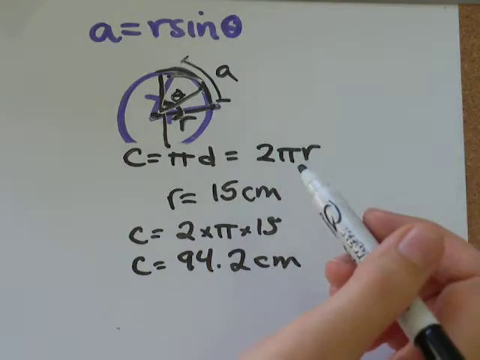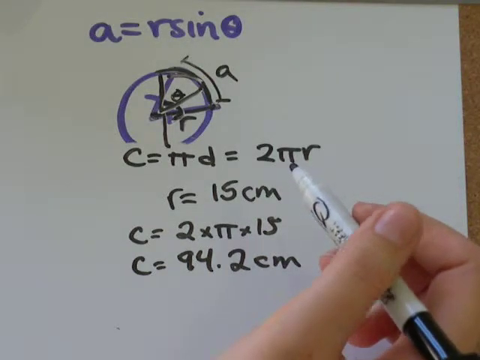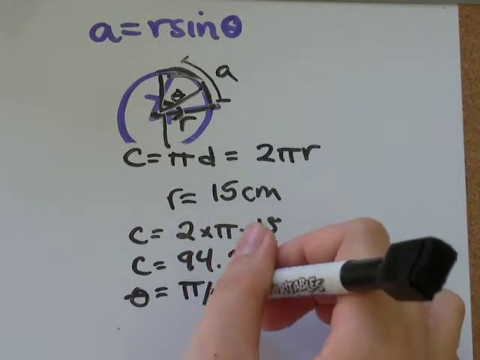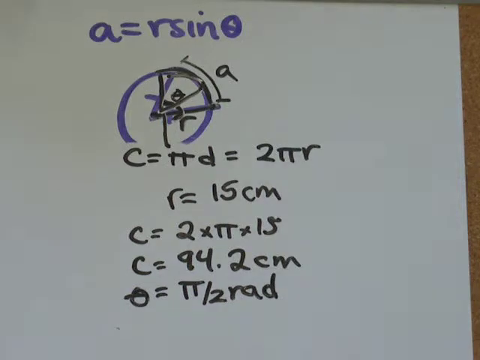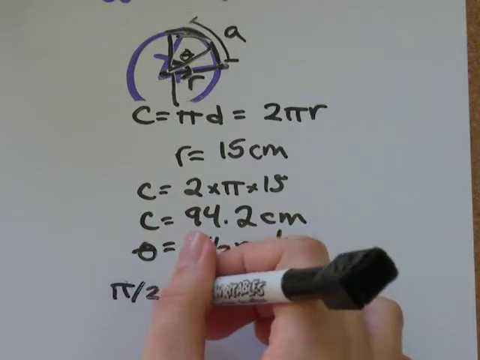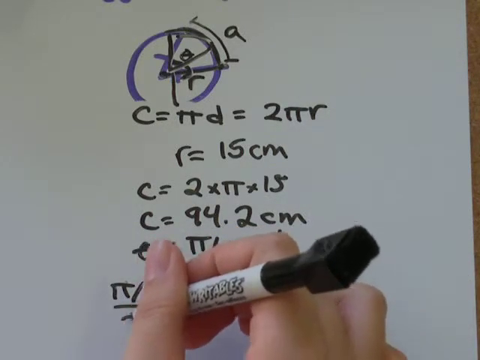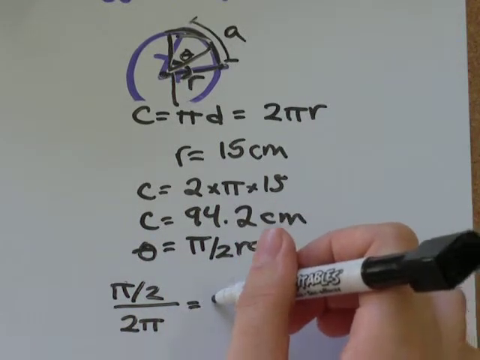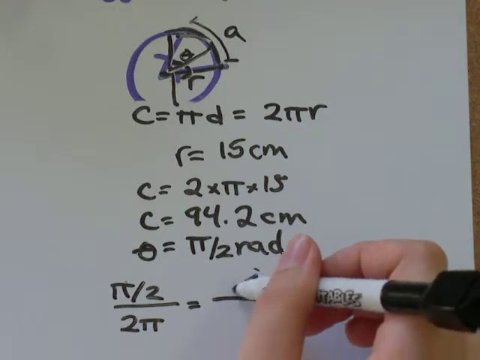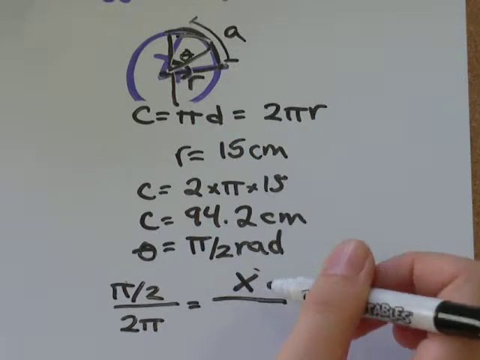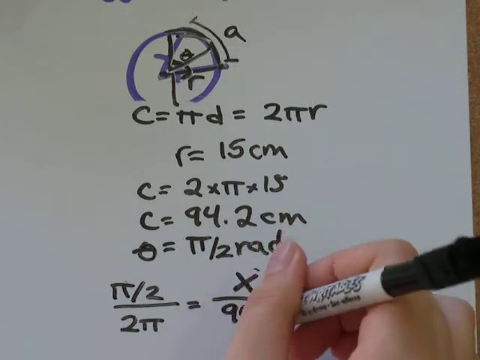So let's say that I knew that theta equaled pi over 2 radians. Well, how many radians are in a whole circle? 2 pi. So pi over 2 out of the 2 pi, which is the radians in a whole circle, would be equivalent to some fraction or some segment that we don't know yet out of the entire circumference, which was 94.2.